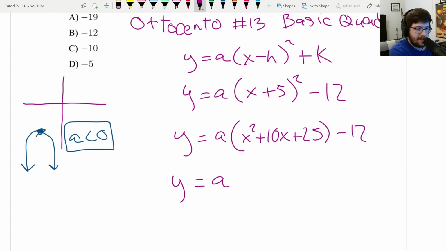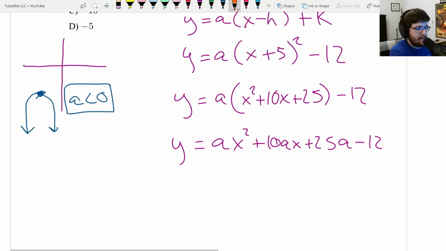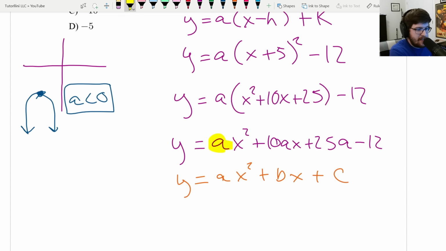So if I distribute that a, it's ax squared plus 10ax plus 25a minus 12. And if you look at ax squared plus bx plus c, I see that a is just a, b is 10a, that's what's in front of x, and c, the constant term, is 25a minus 12.